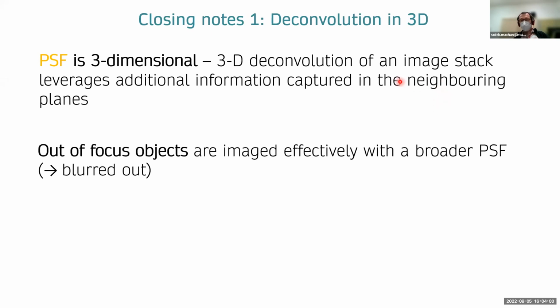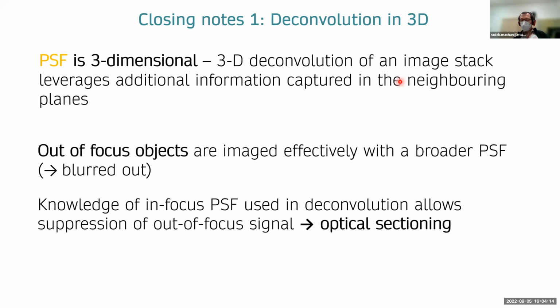Another thing is that out-of-focus objects effectively contribute to the image with a broader point spread function. That's why they are not sharp, they are much more blurry in the image. So the knowledge of the in-focus point spread function helped us to remove these blurry backgrounds. So deconvolution can also do, to some extent, optical sectioning.